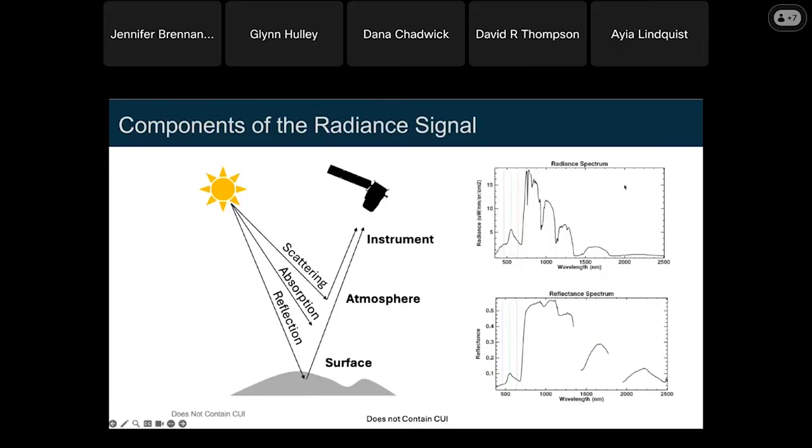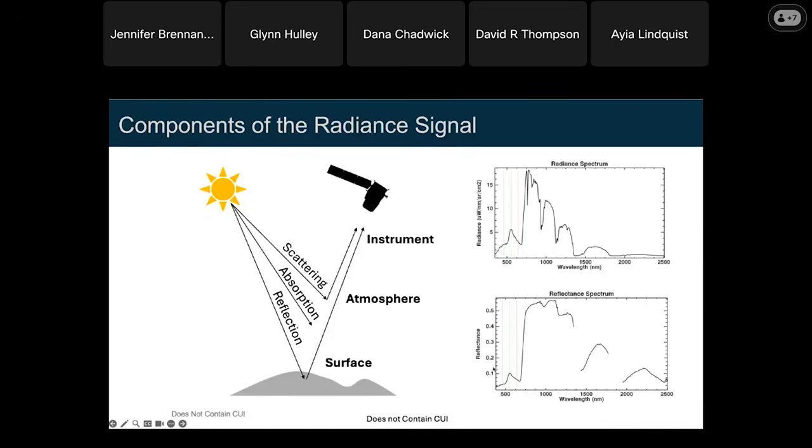So the radiance spectrum represents illumination that we receive at the sensor, and that has imprinted on it all of the different processes of scattering and absorption from these solar photons that transit from the sun to the ground, or just simply scatter off particles in the atmosphere and then get back into the sensor. So you see in the radiance all of these gas absorption features, for example. There are other subtler effects due to particle scattering and things like that. But there's a fraction of these photons that reach the ground and come back to the sensor.